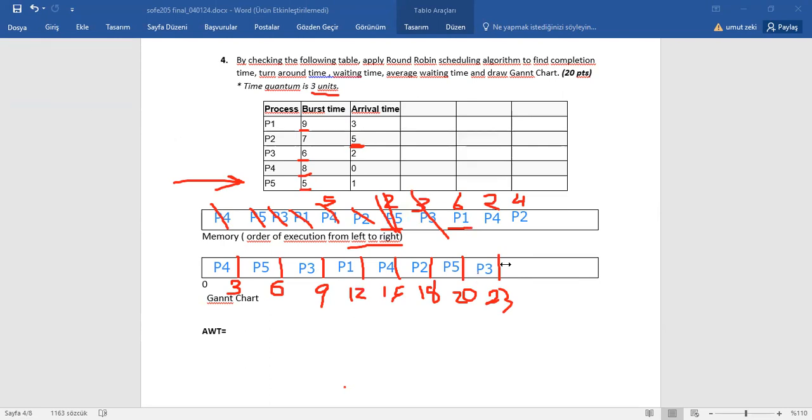So I'm going to write P1 6 nanoseconds, but I will execute only 3 of them. So 26. And here I have 3 remaining. P1, 3 nanoseconds remaining.